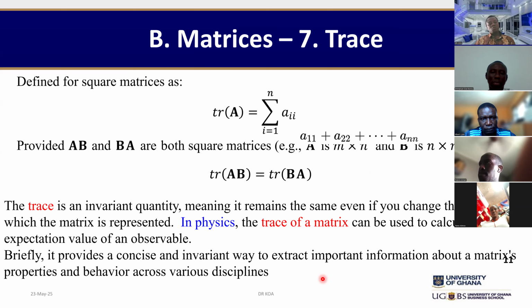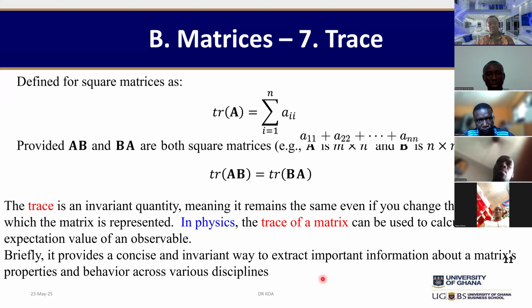We always talk about trace only for square matrices. Remember what a square matrix is. The trace of a square matrix is the sum of the diagonal elements of the matrix.